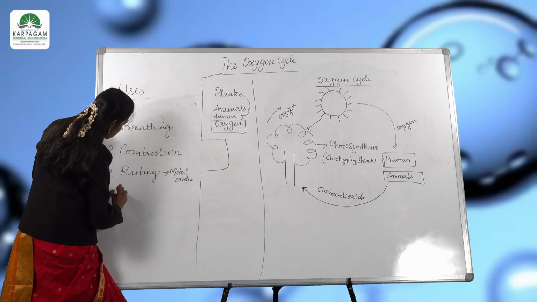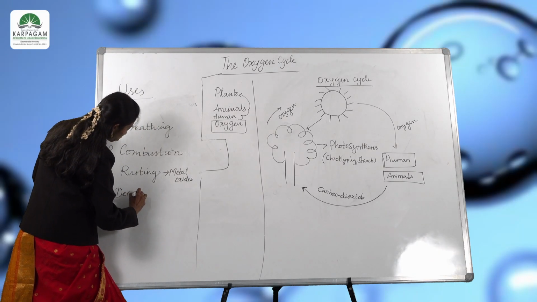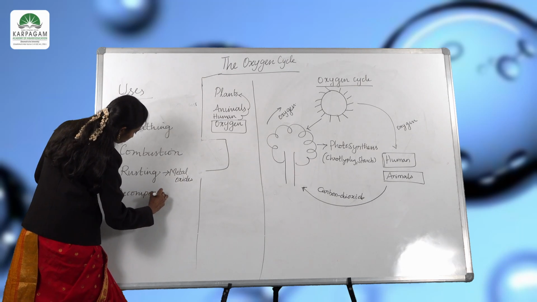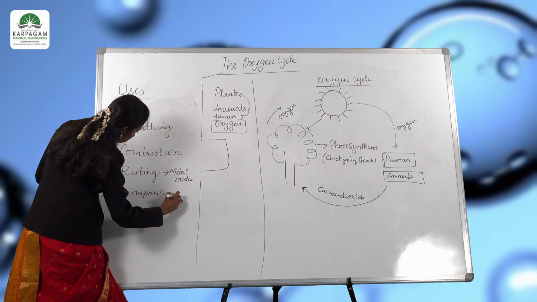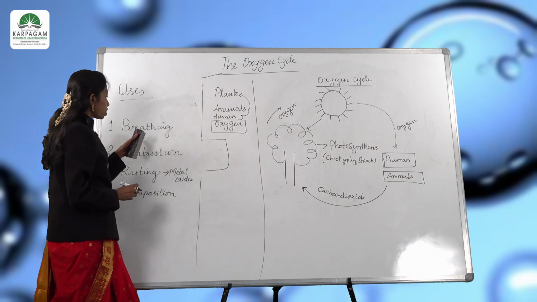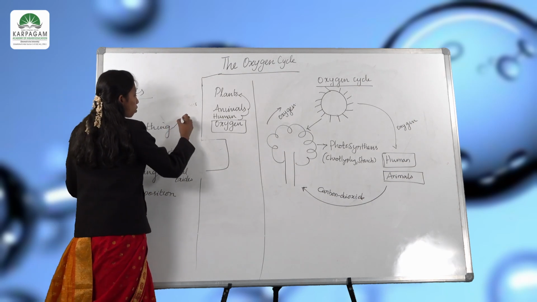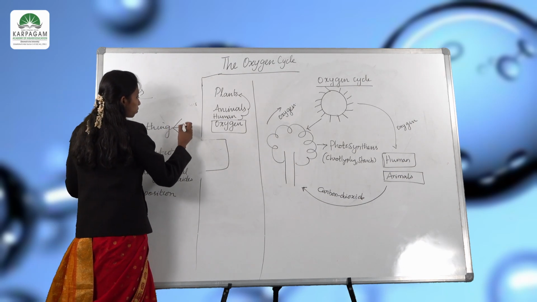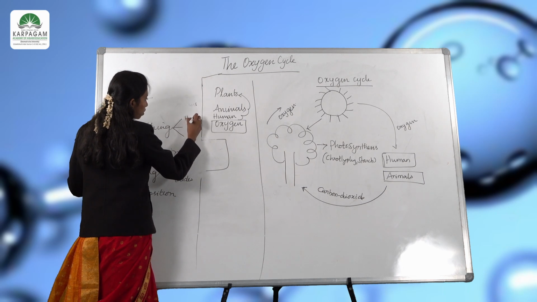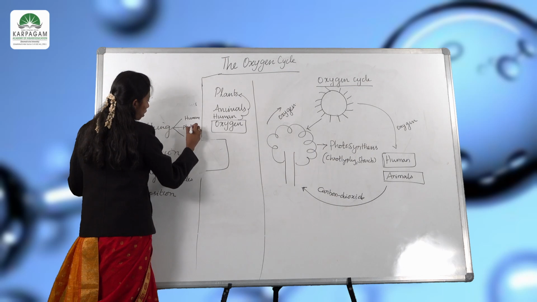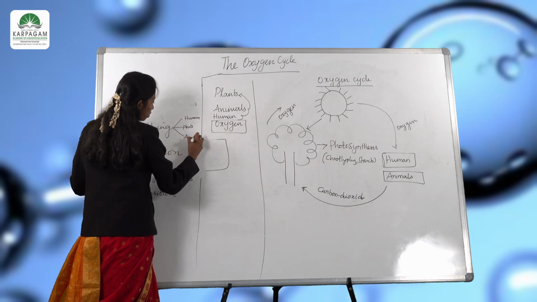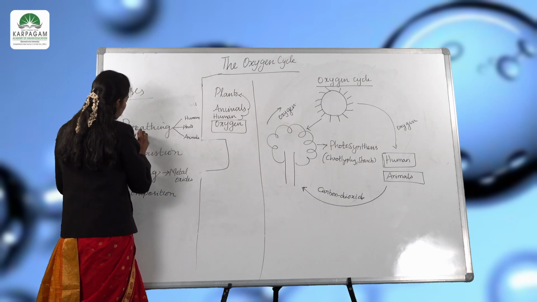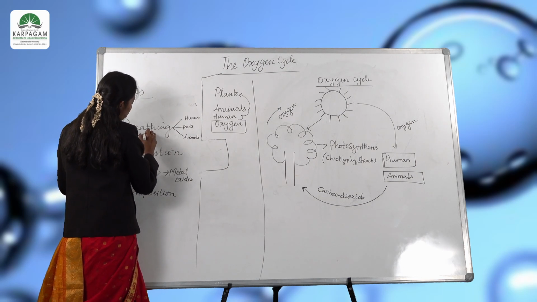And the fourth thing, it is used for decomposition. When coming to the breathing part, this is common to all humans, plants and animals. This is the part for survival of life.